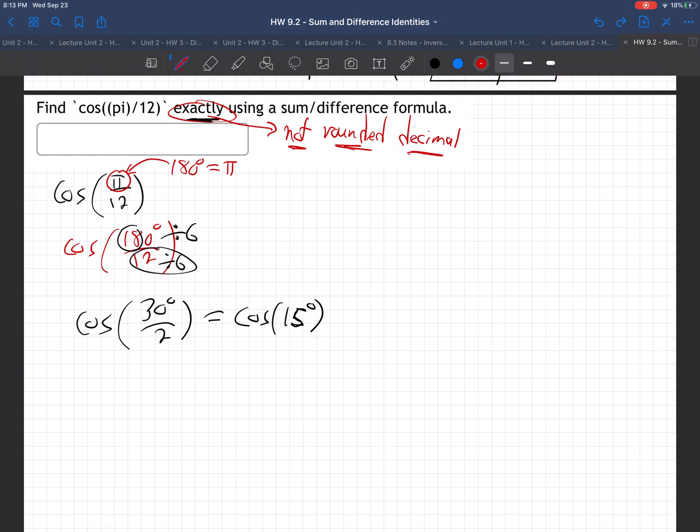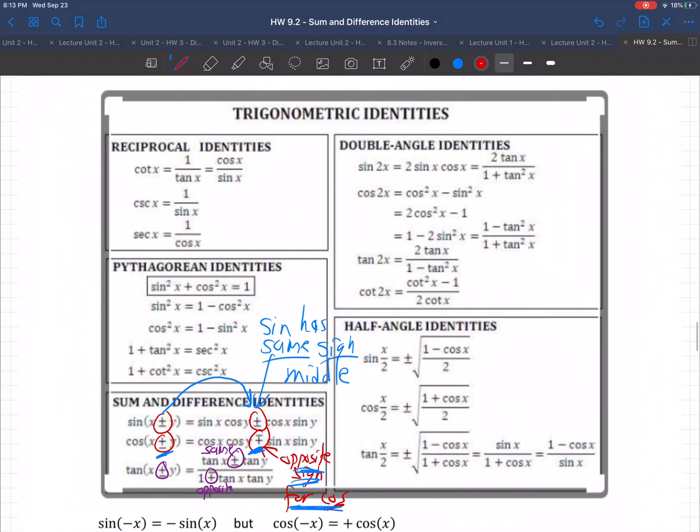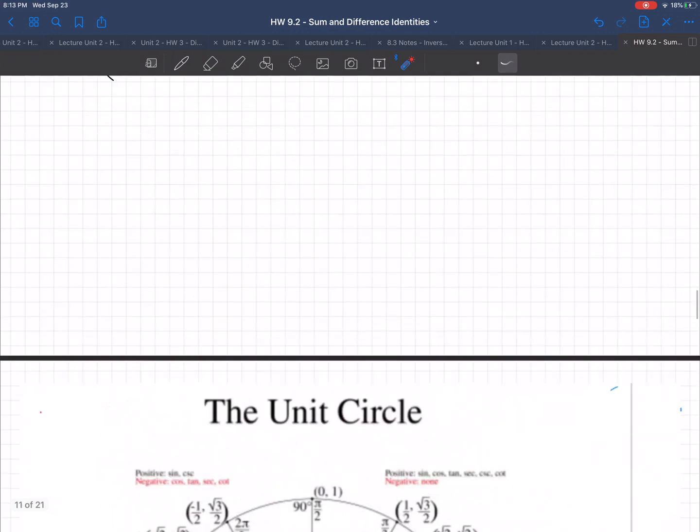First off, let's find the cosine sum difference formula. So here's the formula sheet that I provided for you. Here's the cosine sum or difference formula. Notice it's plus minus here and then upside down, minus plus, there. And it's cosine cosine sine sine for the cosine formula. So let's go up and write that down.